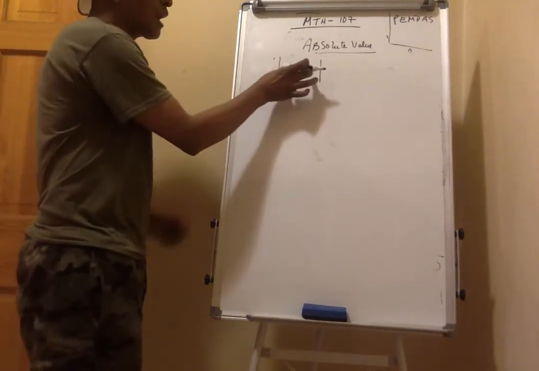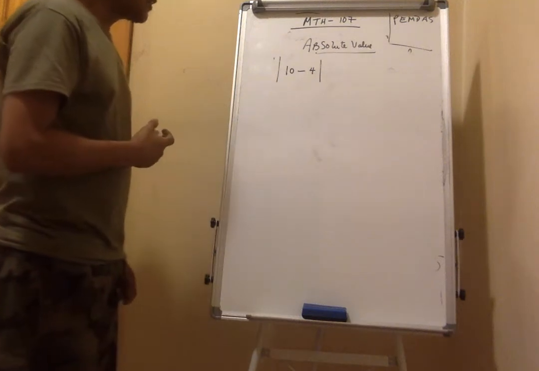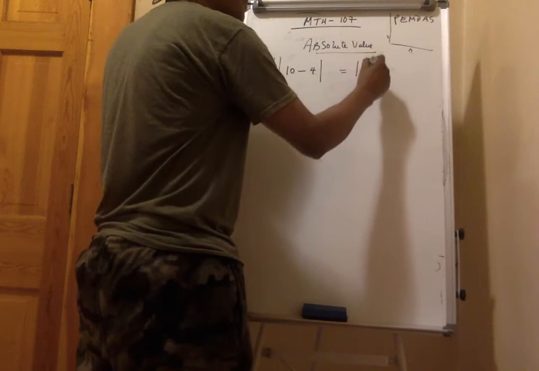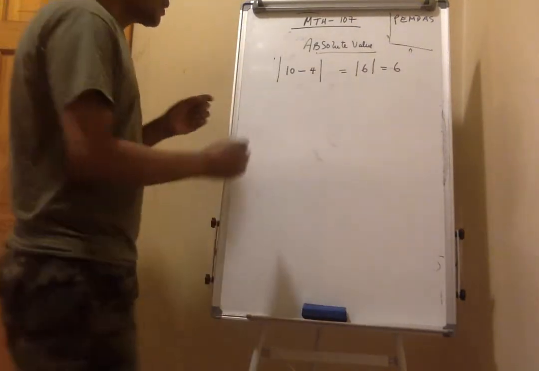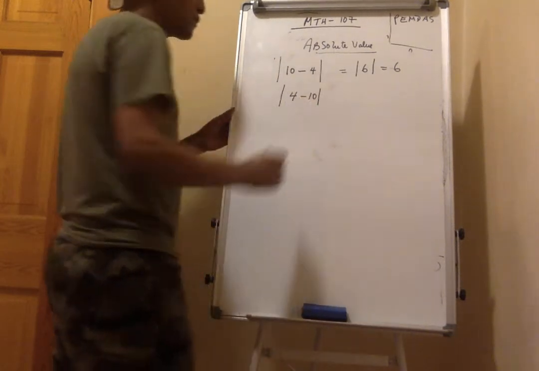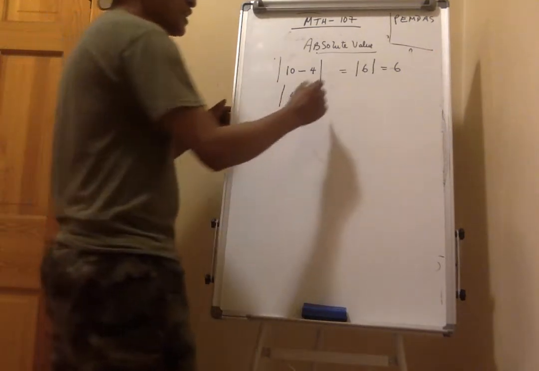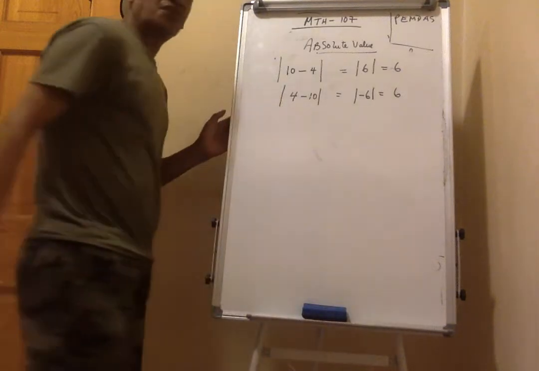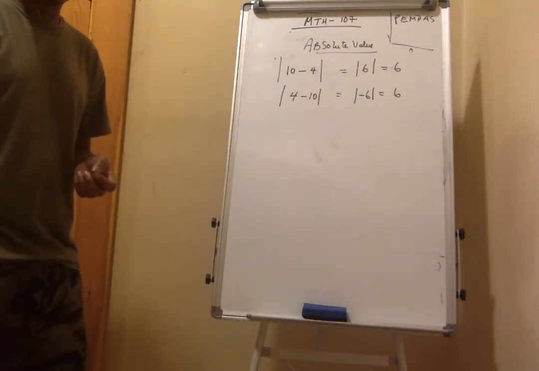What I'm doing is I have to simplify the numbers inside the absolute value. 10 minus 4 is 6. The absolute value of 6 is equal to 6. What if I do 4 minus 10? 4 minus 10 is what? Negative 6. The absolute value of negative 6 is 6. So whichever way we write, we end up with the same outcome.